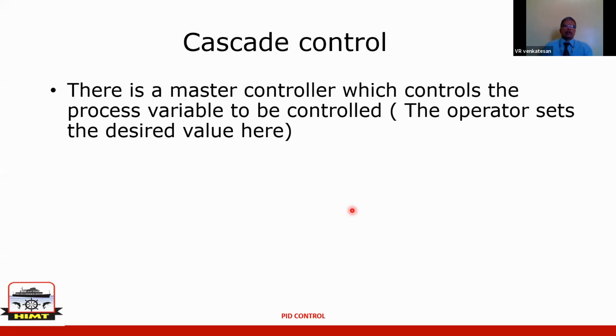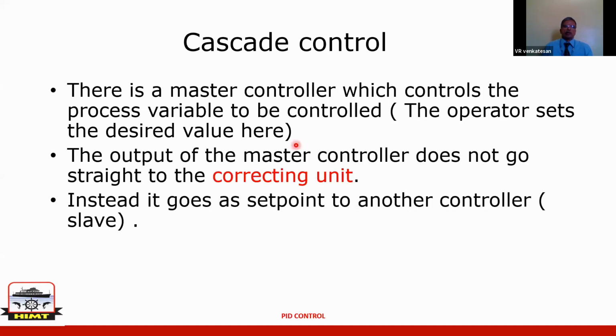So cascade control is where there is a master controller which controls the variable, and this is where you will set the desired value, and then it will go as a set point to another controller, which is called a slave controller.